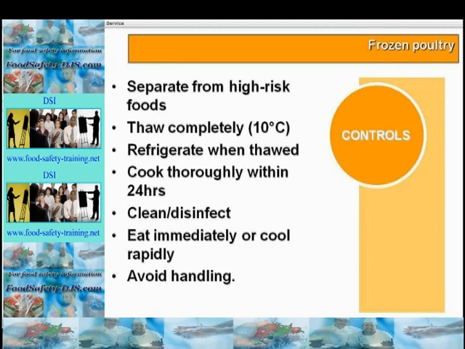The weight of the bird and temperature of the refrigerator are critical to the thawing time, which does tend to take a lot of time in a fridge, or using a microwave, following the manufacturer's instructions. The main danger is failure to thaw completely prior to a predetermined cooking time.